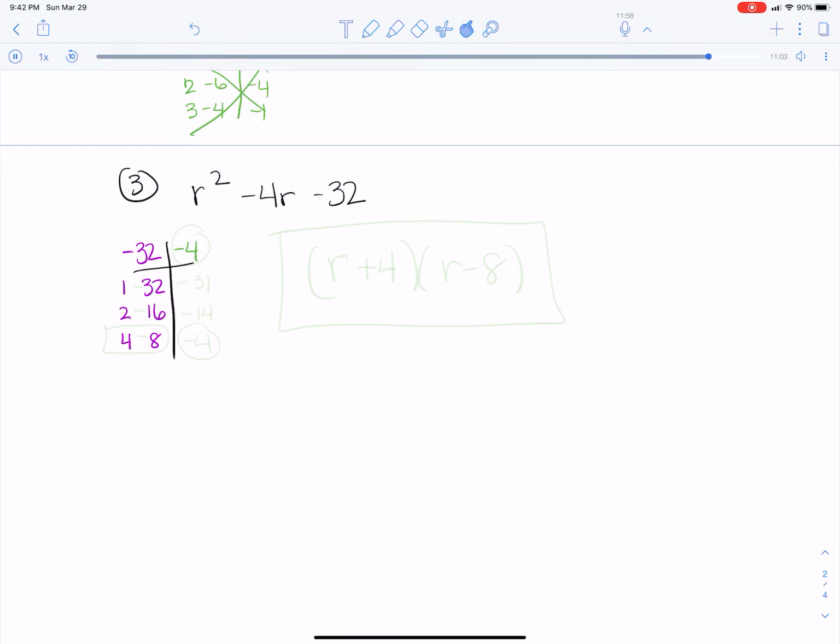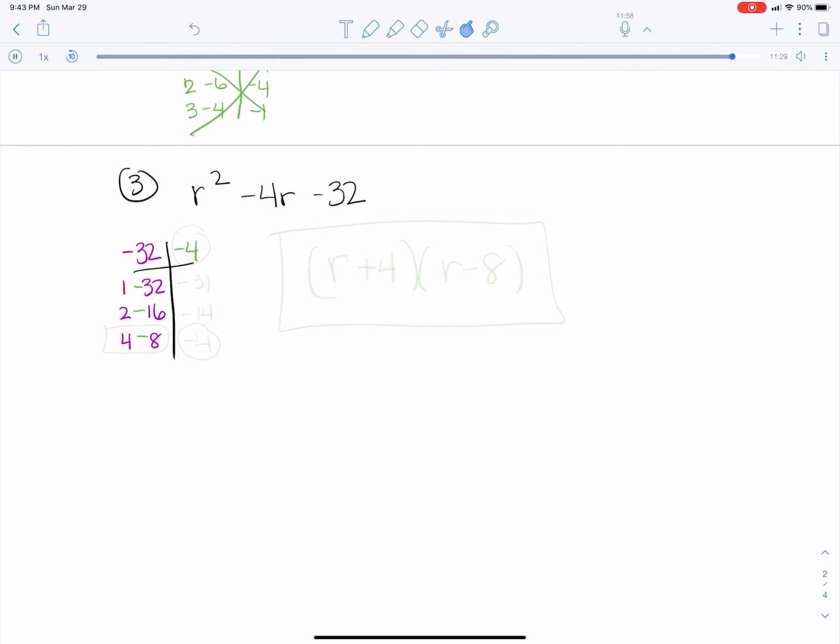So if we look at our factors, they have to multiply to a negative 32, but add to a negative 4. In the previous example, I showed you quickly what happens when we make the bigger number a negative versus when we make the smaller number a negative. Well, here we want our answer when we add the two together to be a negative, so our bigger number has to be negative. And as long as one of them is positive and one of them is negative, when we multiply them together, they're going to give us a negative.